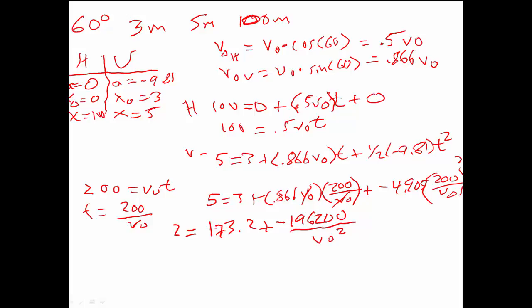Subtract 173 from both sides. I get negative 171.2 equals negative 196,200 divided by v naught squared.